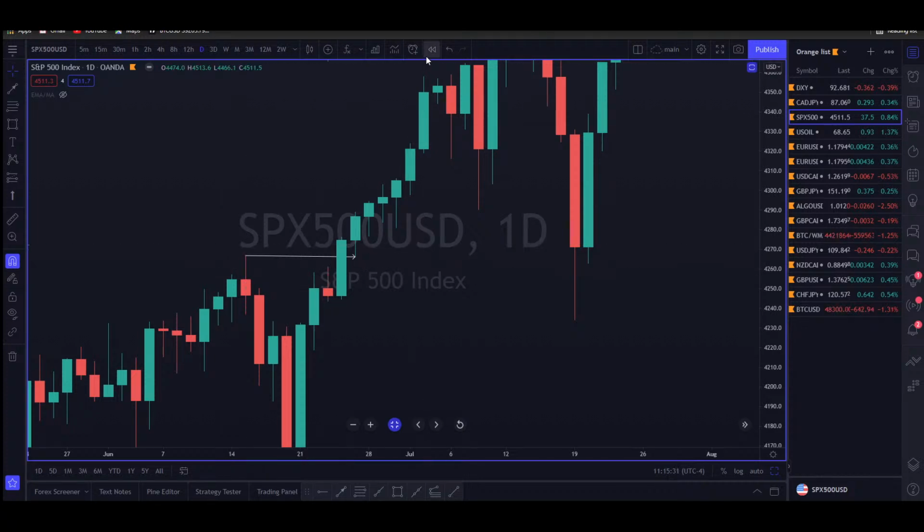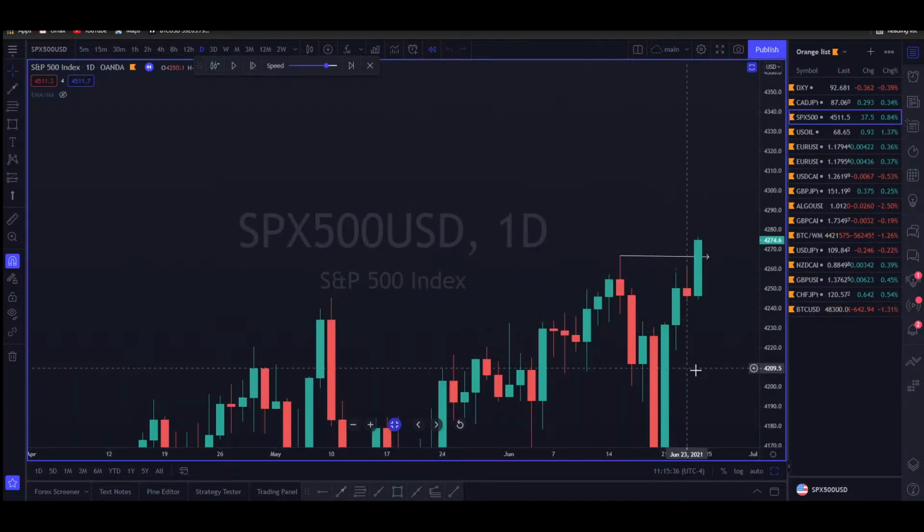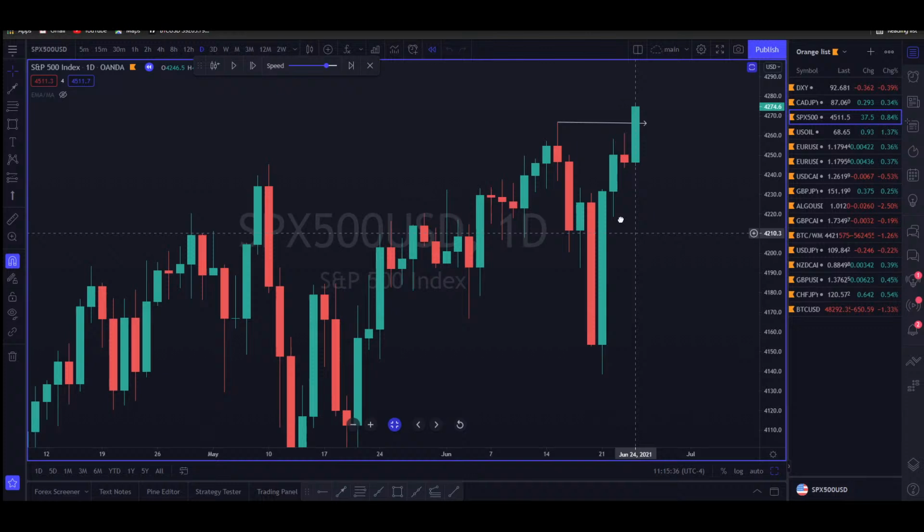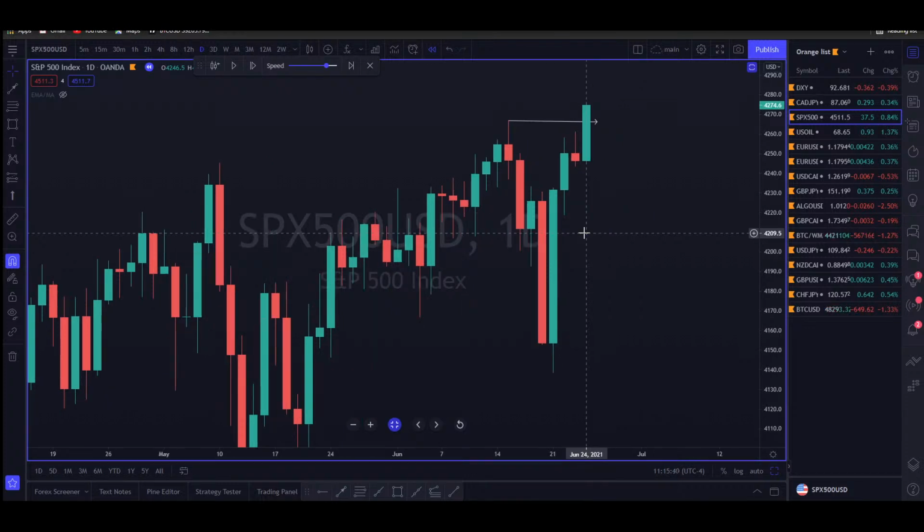So let's go here and do this. Take that off. Now we're looking at the actual inefficiency. This is how inefficiencies actually work.